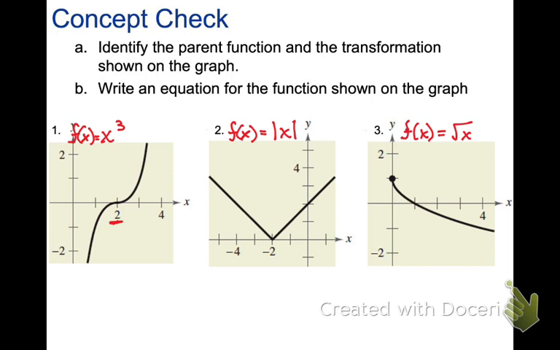Okay? And then on this one, I do have a good point, so should I calculate it and make sure? Yes. Okay. So this one right here, what's my H and my K? 2, 0. So HK is 2, 0.